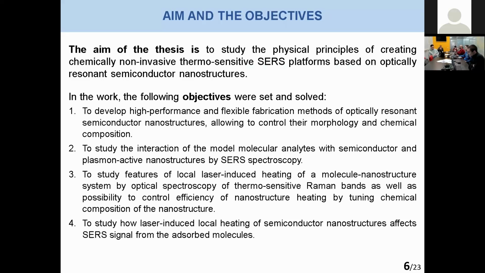So the aim of the thesis is to study the physical principles of creating chemically non-invasive thermosensitive SERS platforms based on optical resonant semiconductor nanostructures.